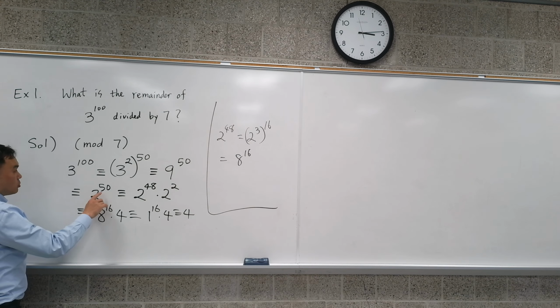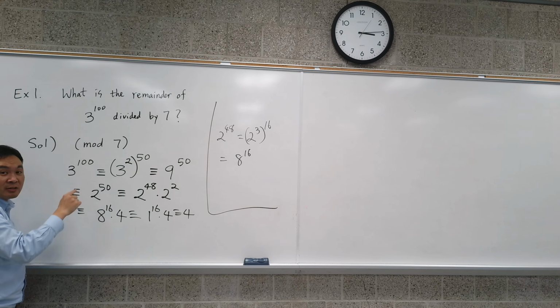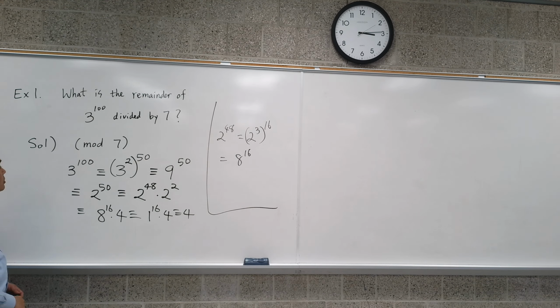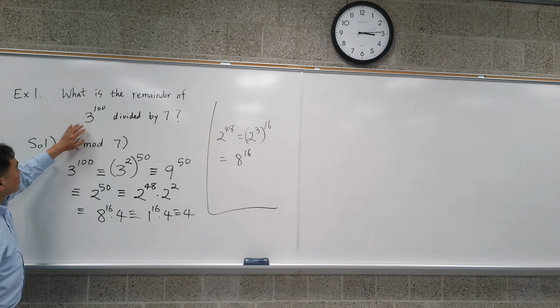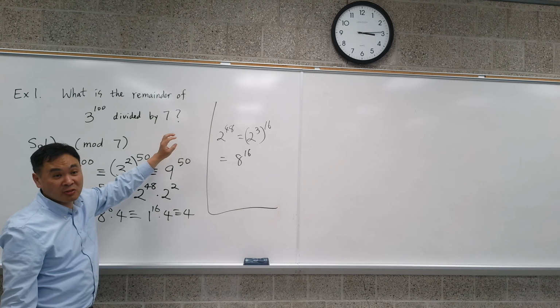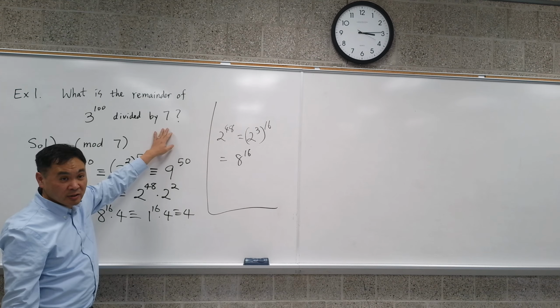Now, you're not allowed to change 100 to another number mod 7, because exponents don't work like that. But anything down here, that can be replaced one by the other. So, in other words, say 7 times 2 is 14. 14 plus 3 is 17, right? 17 mod 7 is 3.